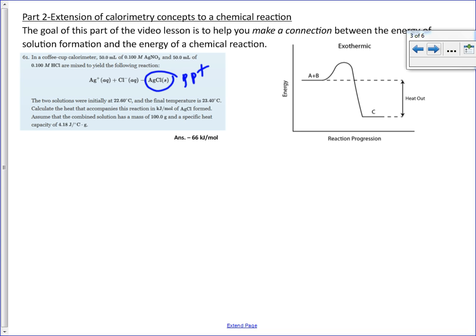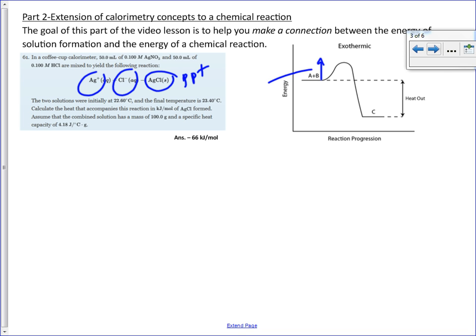All right, so if you'll notice, you also have a diagram that I've provided with this question. And this is one for an exothermic chemical reaction. What we want to realize first is that A and B, the reactants here, are going to have to be separate. In this case, our reactants are silver ion and chloride ion. They're dissolved in the water initially in two separate containers. They have to be separated from the water molecules that are solvating them.